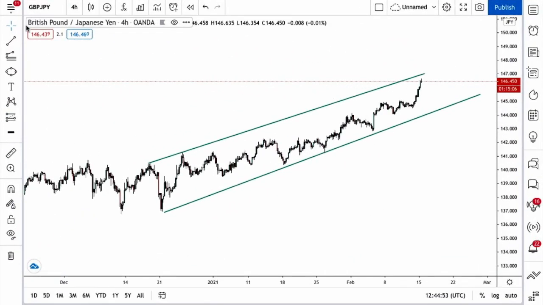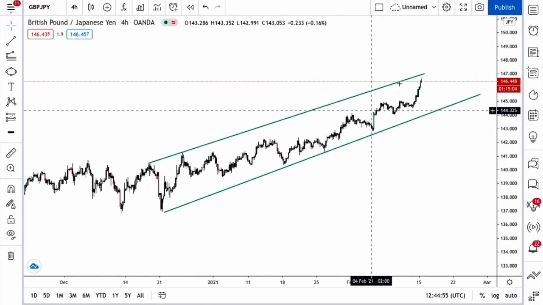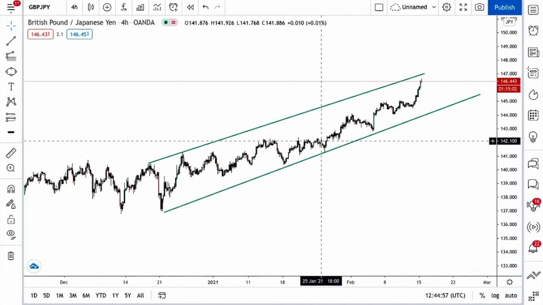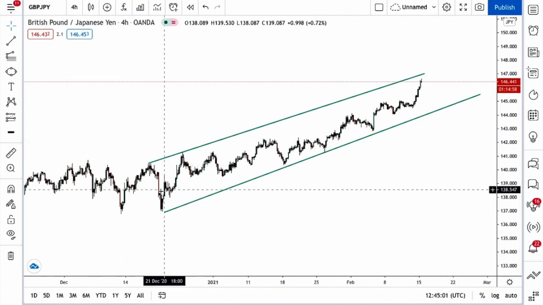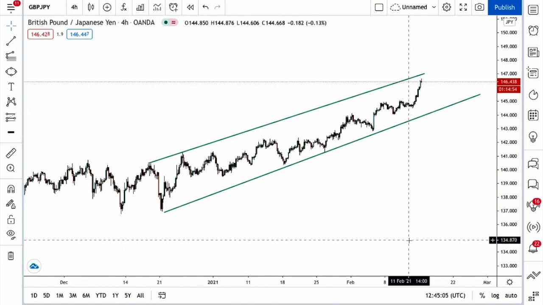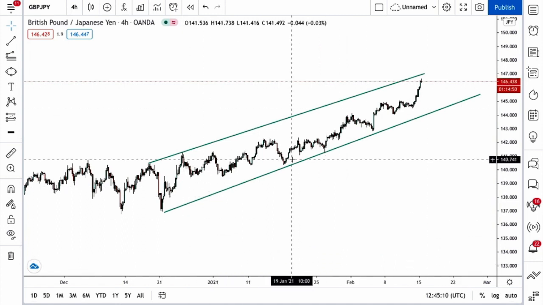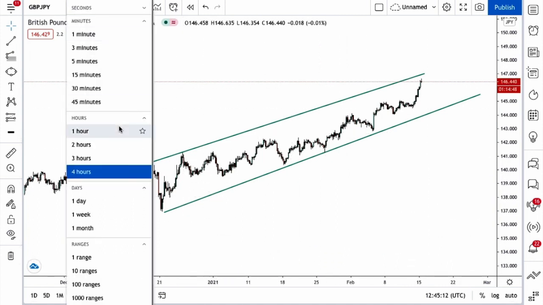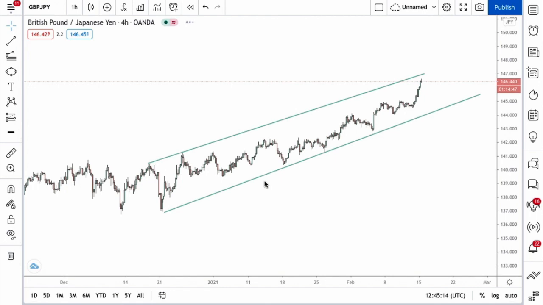So guys, what's important here is that you are able to identify the direction of a trend. And remember, like on the video I dropped before, in an uptrend you'll be looking for buying opportunities, then in a downtrend you'll be looking for the opposite, which is selling opportunities. So after identifying the direction of the trend, we will need to go to our 1 hour time frame.